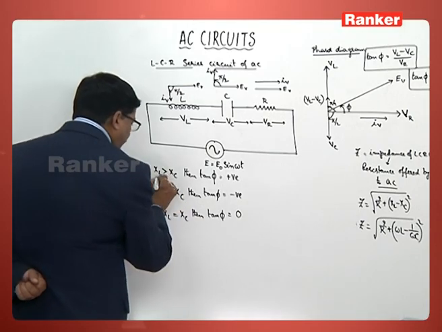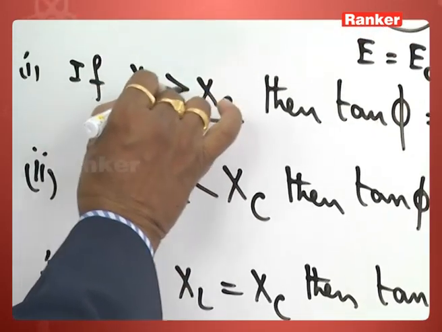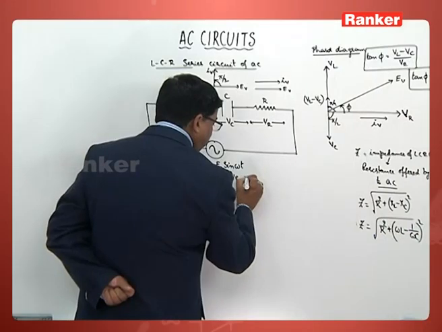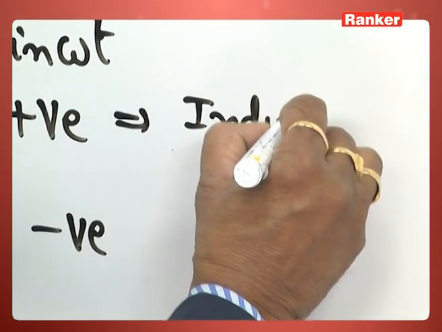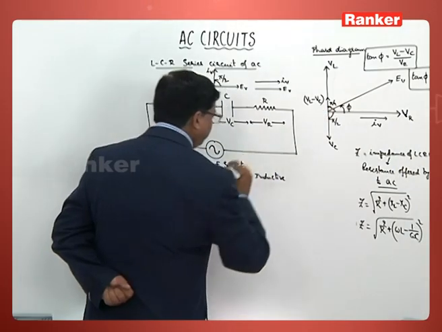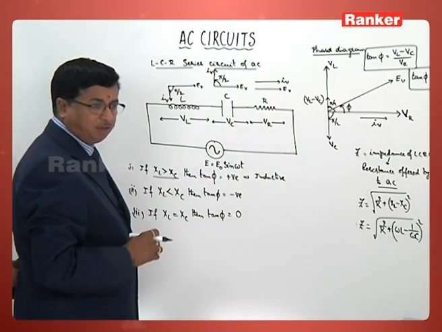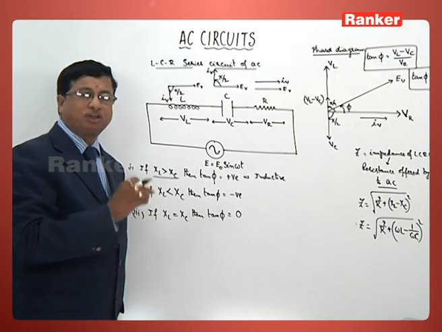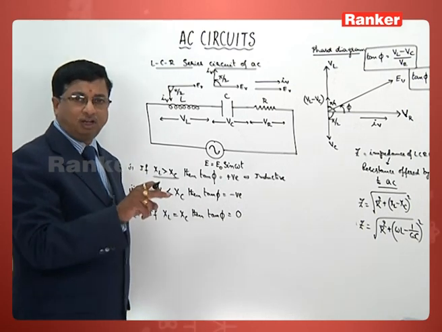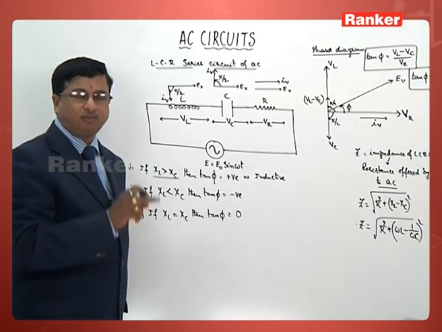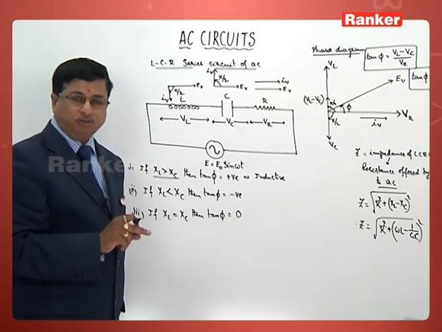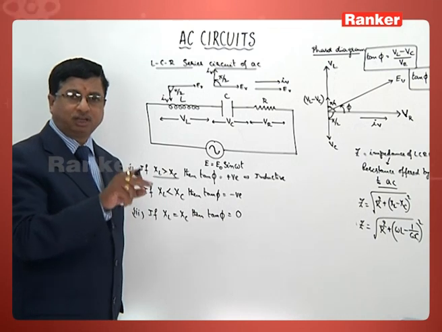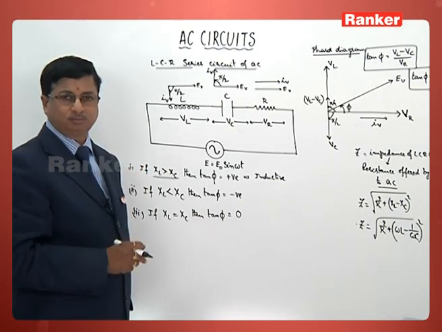Then you can take it this way: when XL is greater than XC, the circuit is said to be inductive. So when can we say that an LCR circuit is an inductive circuit? If XL is dominant, if XL is greater than XC, in other terms, if inductive reactance is greater than capacitive reactance.